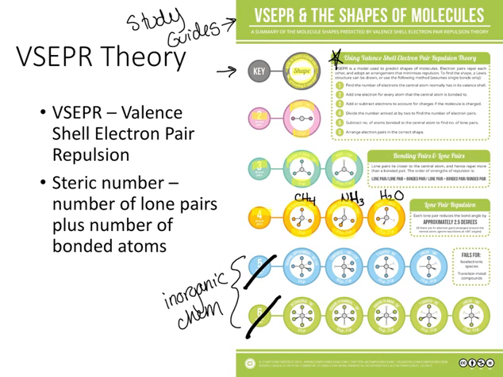Then you add or subtract electrons to account for charges if the molecule is charged. Then you divide the number arrived at by 2 to find the number of electron pairs. Then you subtract the number of atoms bonded to the central atom to find the number of lone pairs, and then you can arrange the electron pairs in the correct shape. So this is one option for figuring out the shape of a molecule. But if you have a different way of figuring it out, that's no problem. This is just one recommended way.